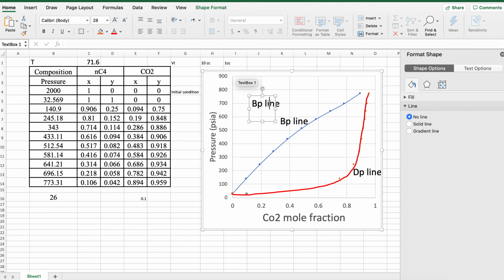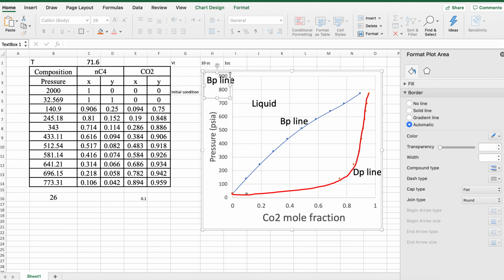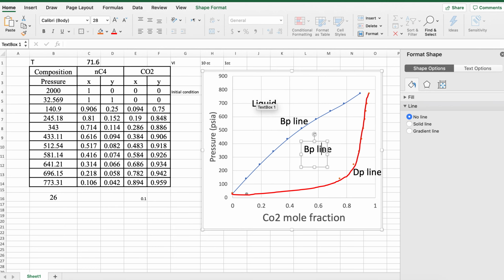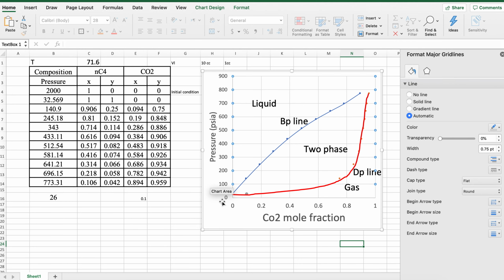Here is where I have liquid. Here where I have the two-phase. And here is where I have gas.